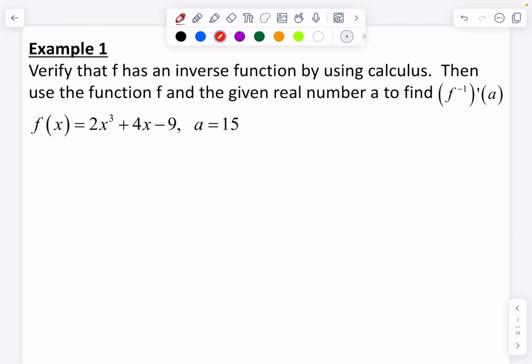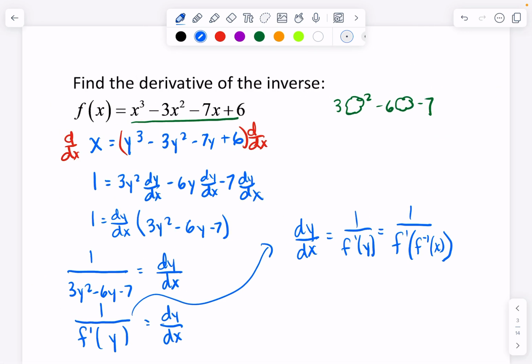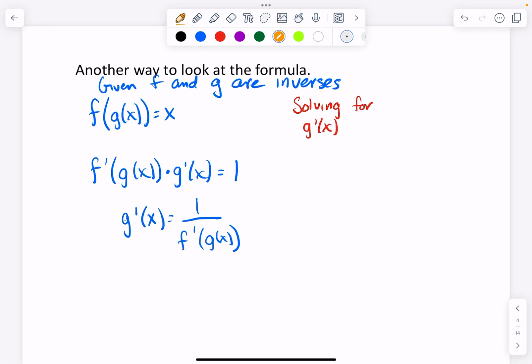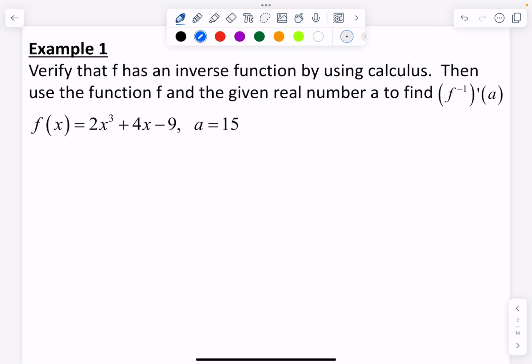But here's an example. Verify f has an inverse by using calculus. Remember, going back, how I verify using calculus: if my derivative is always all positive or all negative, the inverse is a function. So hopefully I'm not making you dizzy by doing this. I look at my derivative.